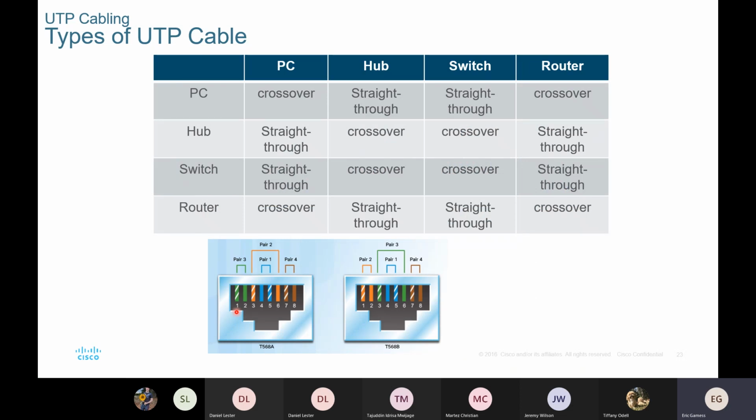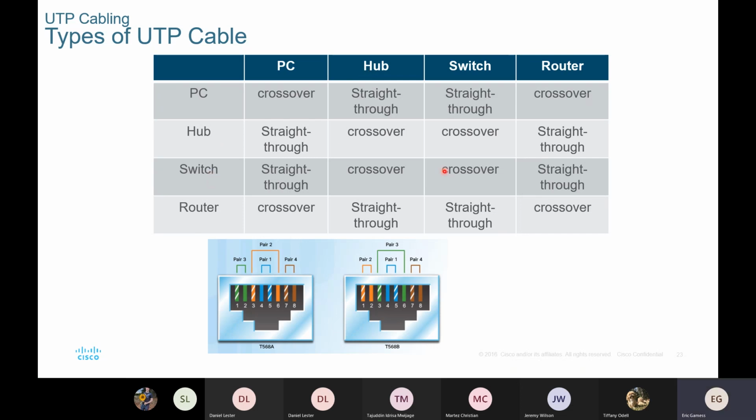In general, crossover cables are for connecting devices that have the same function. So if you connect a PC to a PC back-to-back, you need a crossover cable because they have the same function. If you connect a hub with a hub, you need a crossover cable.